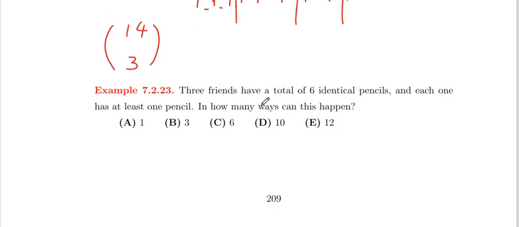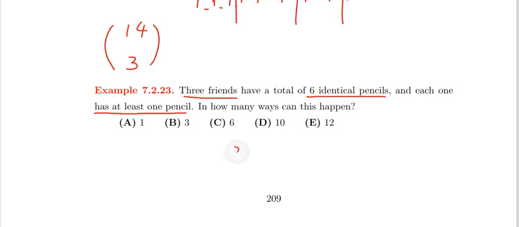Okay, so now let's consider the problem. 3 friends have a total of 6 identical pencils, and each one has at least 1 pencil. So how many ways? We can regard this as an equation problem. 3 friends, 3 people.